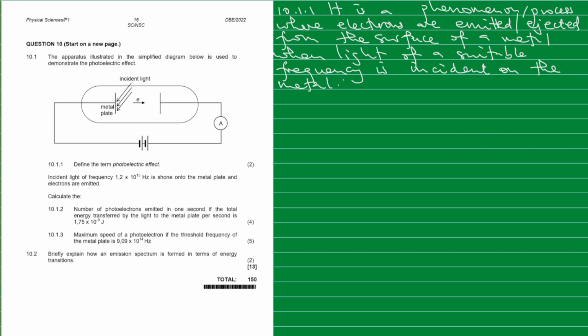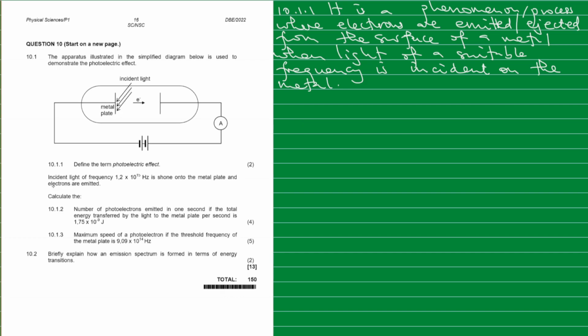So it is a phenomenon or process where electrons are ejected from the surface of a metal when light of a suitable frequency, or you can put it as when electromagnetic radiation of a suitable frequency, is incident on the metal. That is 10.1.1.